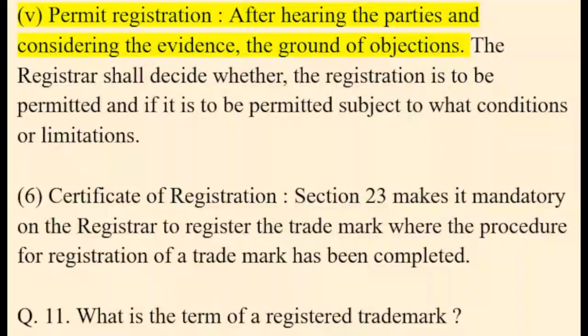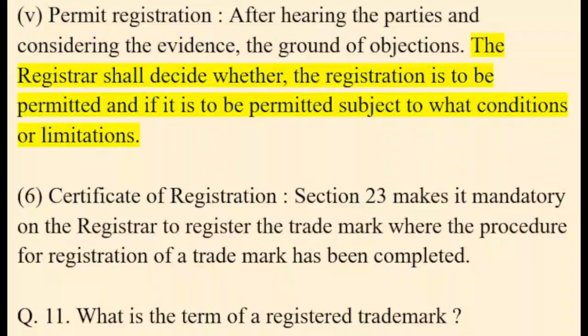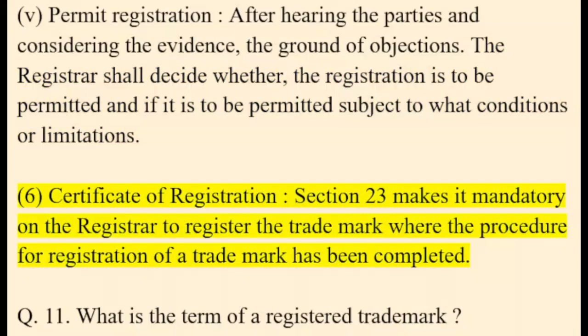After hearing the parties and considering the evidence and the grounds of objections, the registrar shall decide whether the registration is to be permitted and if it is to be permitted, subject to what conditions or limitations. 6. Certificate of registration. Section 23 makes it mandatory on the registrar to register the trademark where the procedure for registration of a trademark has been completed.